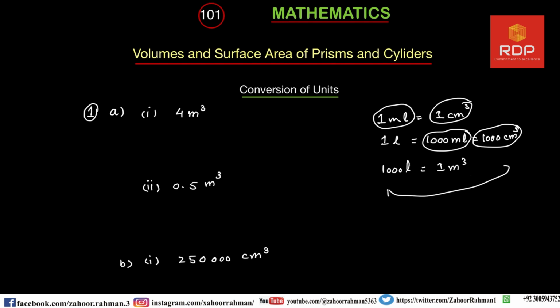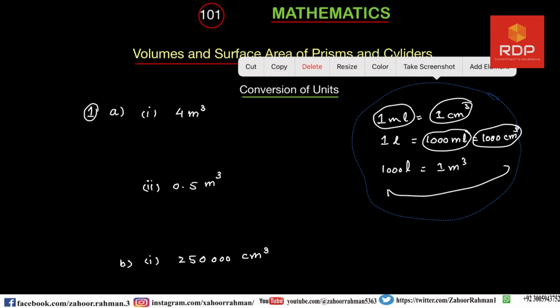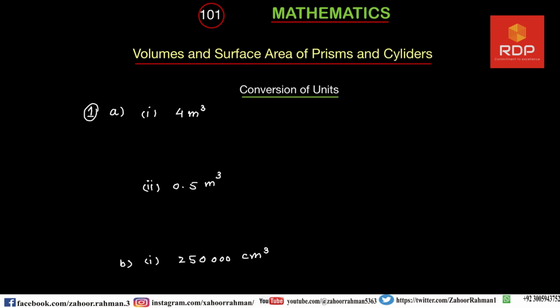One thing more I want to tell you is that you have to understand the difference between cube and cuboid. If all the sides of a three-dimensional shape are equal, then it is called a cube.